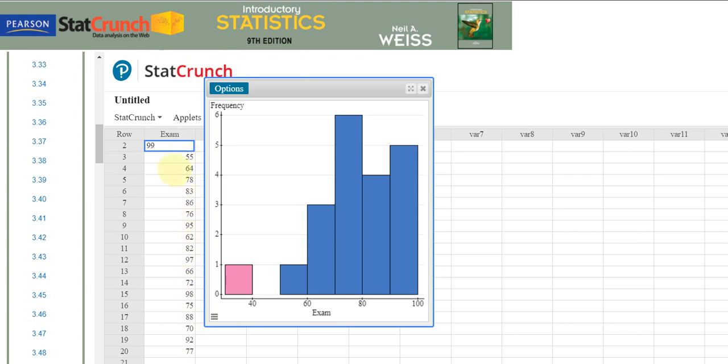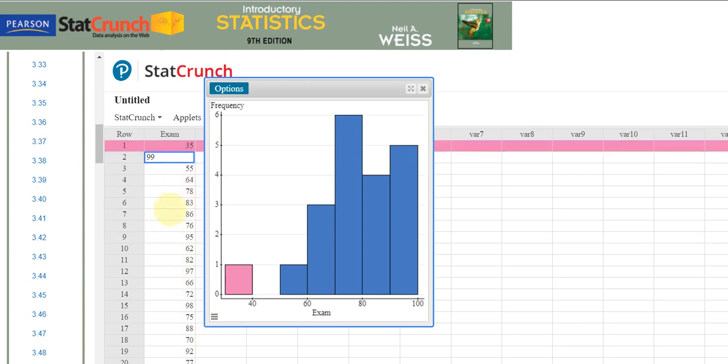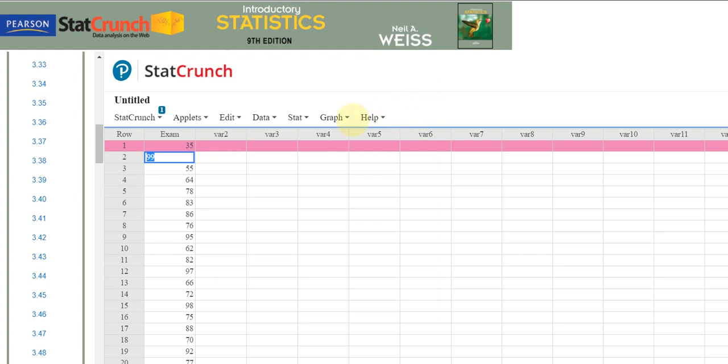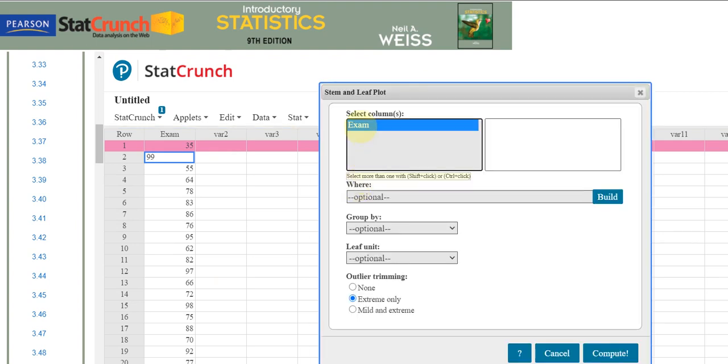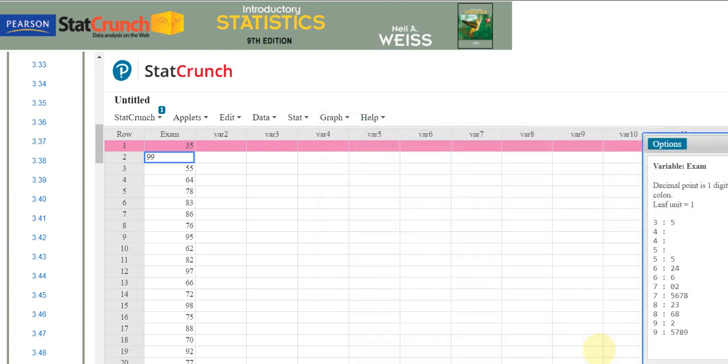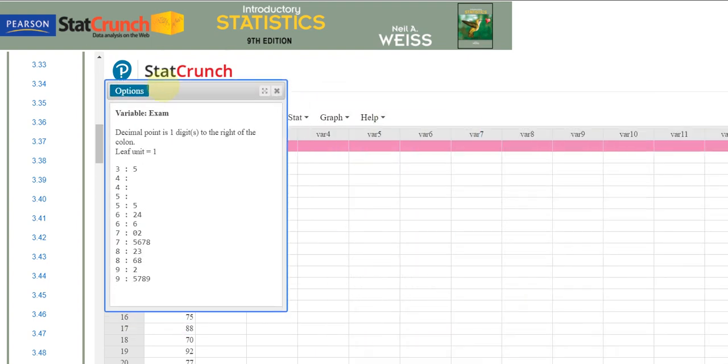Or which one was 40? Okay, there you go. 35, the very first one I missed. So that's the outlier. Notice this is highlighted in a different color now. All right, so that's the histogram, and let's do a stem and leaf for the exams. And there it is, my stem and leaf.